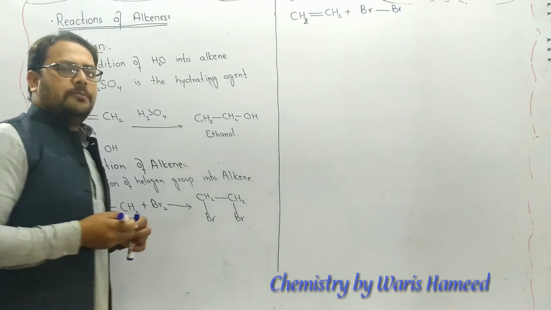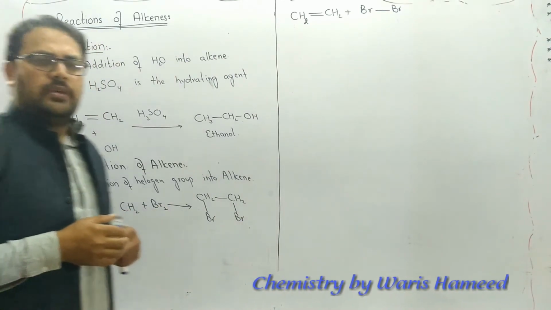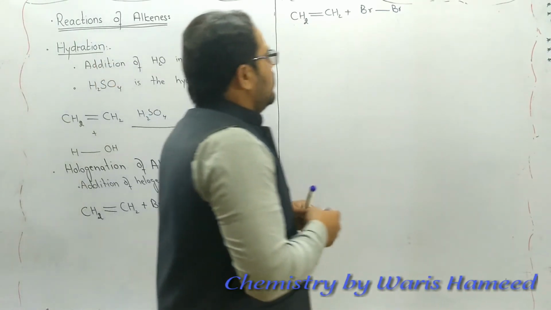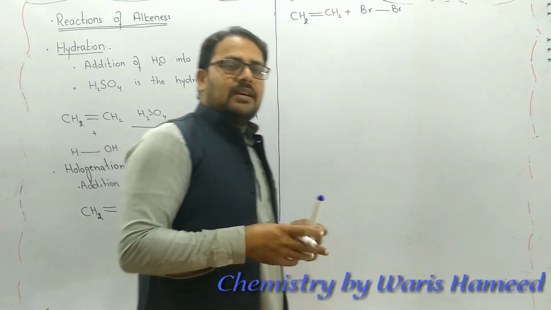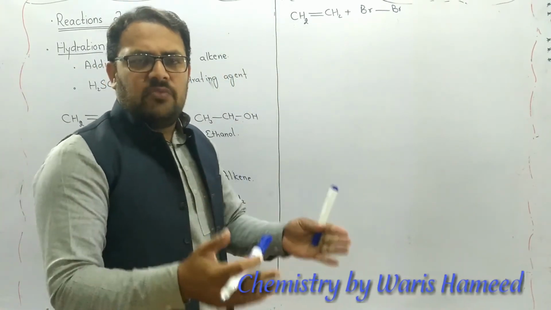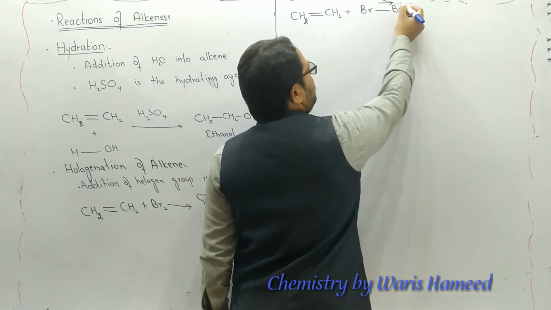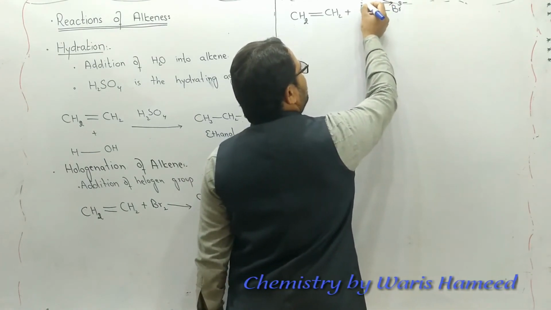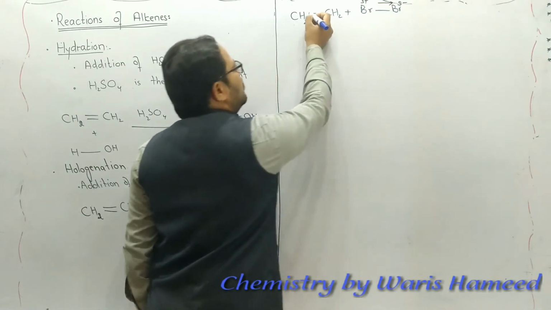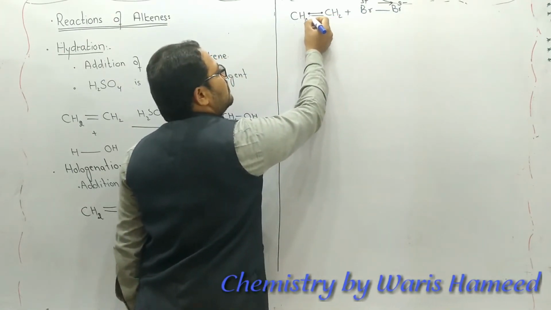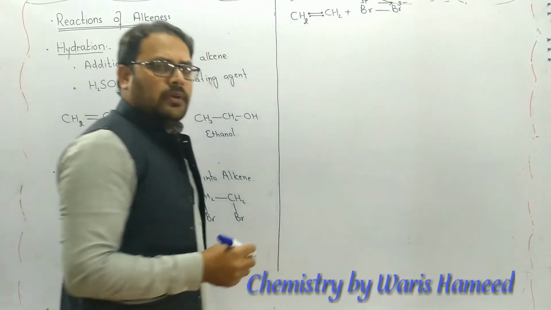Now we know that Br2 is a non-polar molecule and it will develop some polarity due to repulsion within the molecule. Here is partial negative and partial positive, and we know that the pi electrons are very reactive.